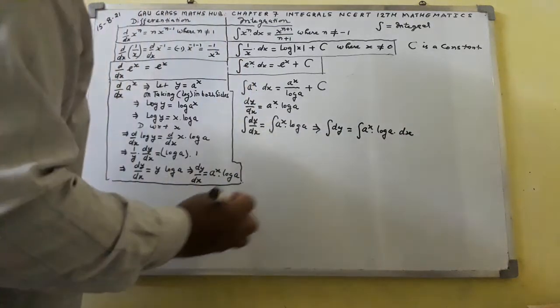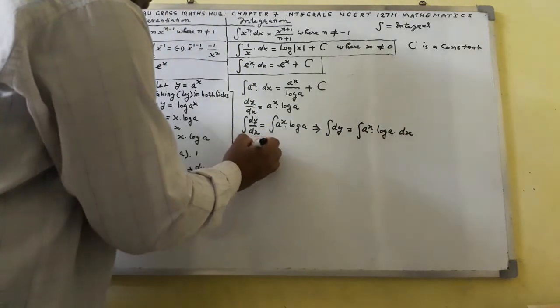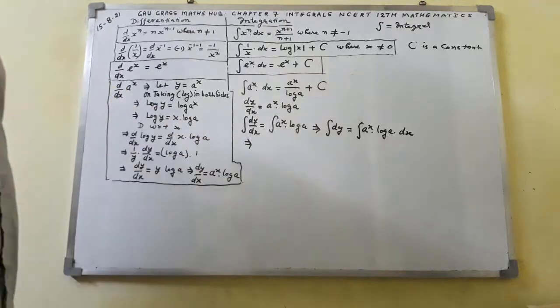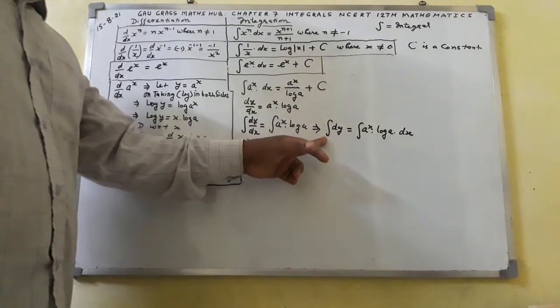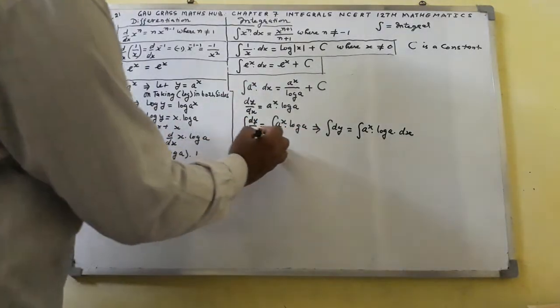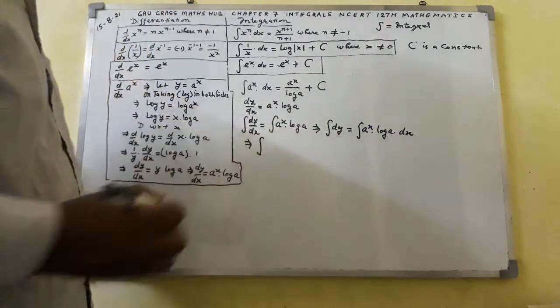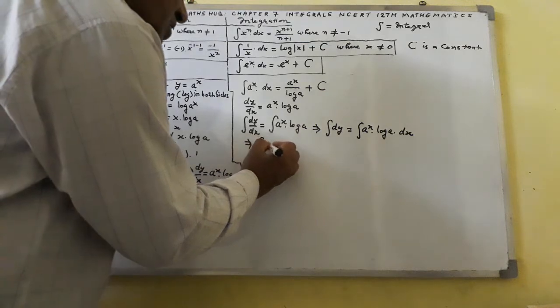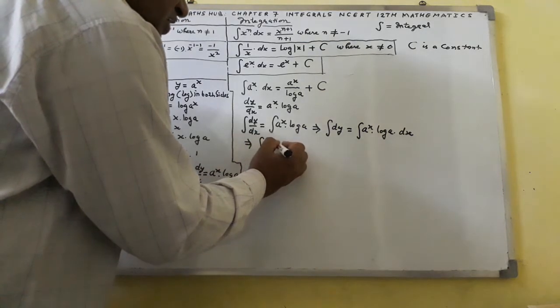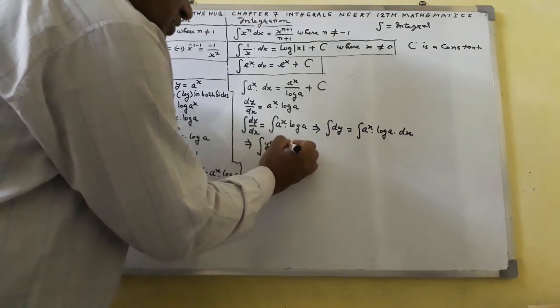Here you can see the integral of dy, so I can write it in terms of y: y raised to the power 0 dot dy.